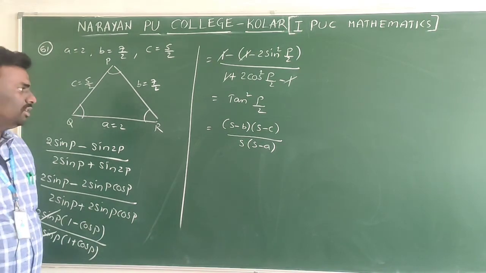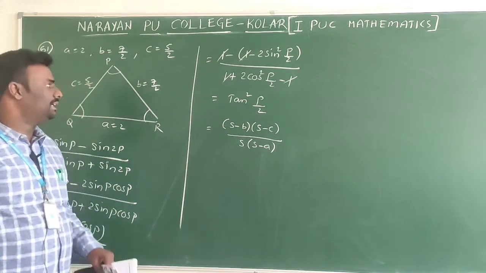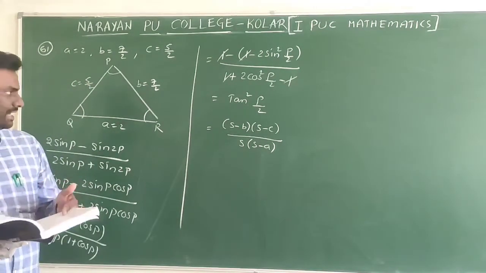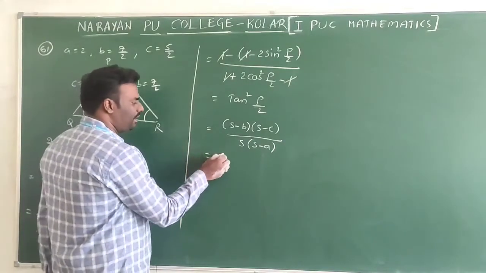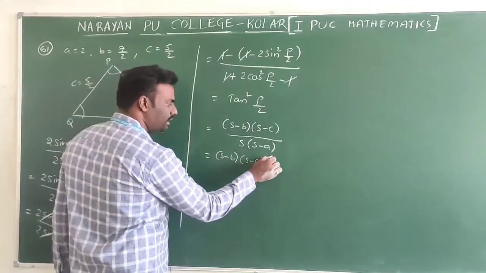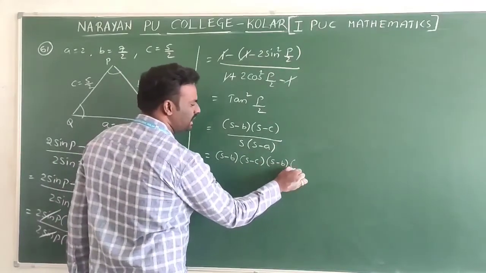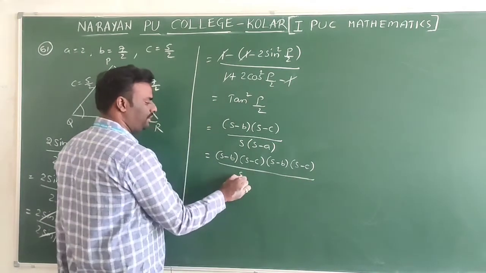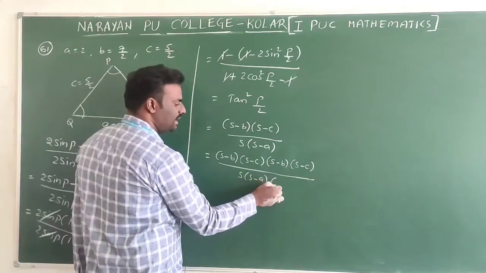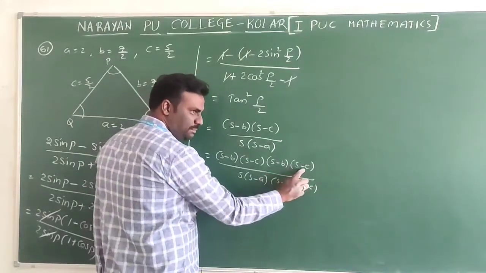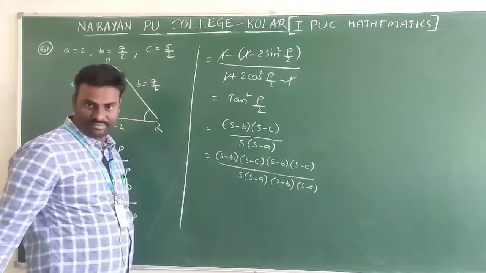Okay. So here we need to find the value, but the answer is not given in those values, the given answer is in delta. That's why I multiply S minus B by S minus C, again multiply with S minus B, again multiply with S minus C. Similarly divide by S into S minus A, S minus B, S minus C. Here S minus B, S minus C multiply and S minus B, S minus C divide.